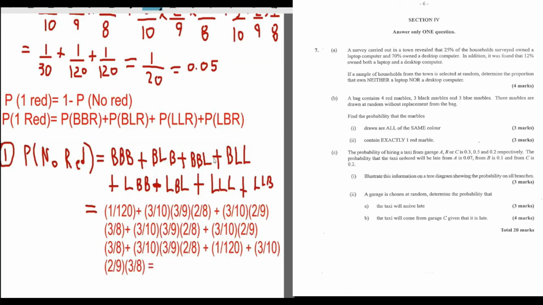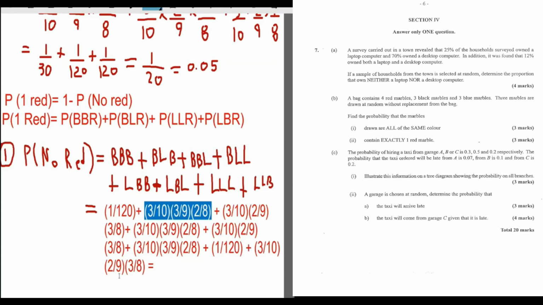So when I work it out, 3 over 10 times 3 over 9 times 2 over 8 is 1 over 40. And look how many 1 over 40 we have: 1, 2, 3, 4, 5, 6 of them.